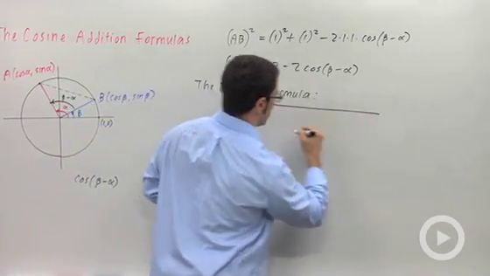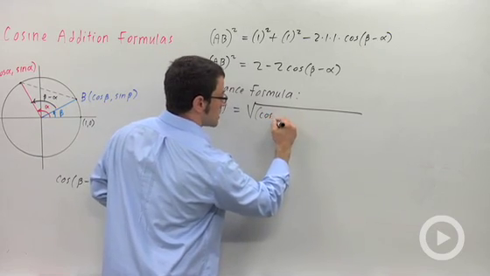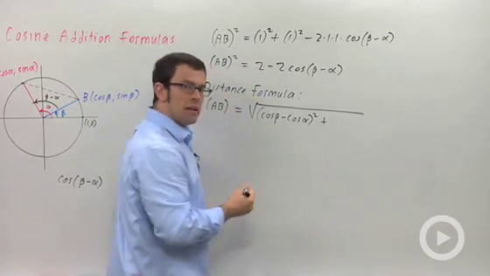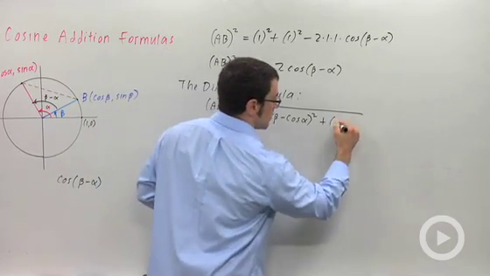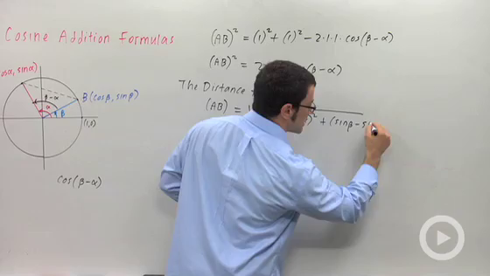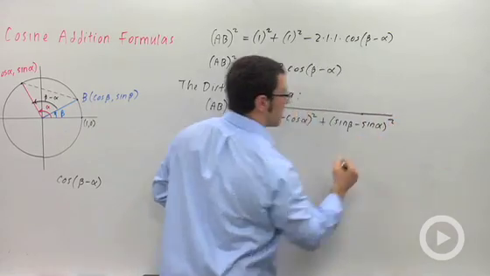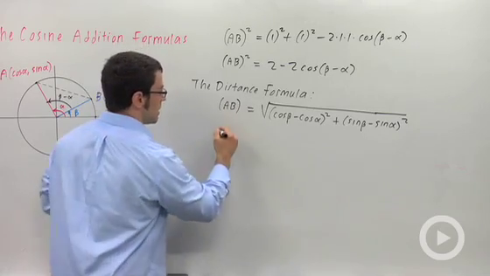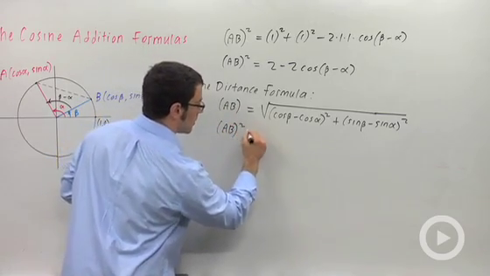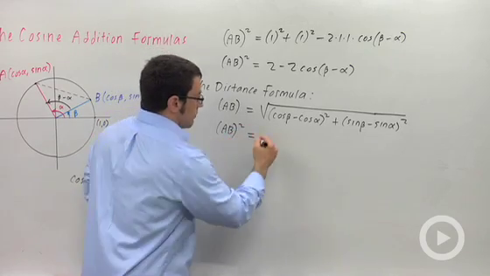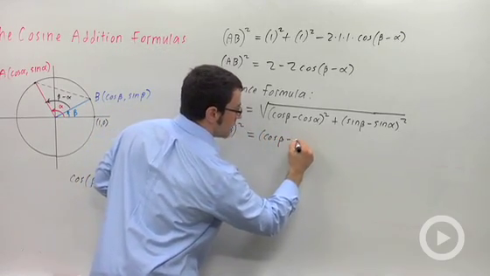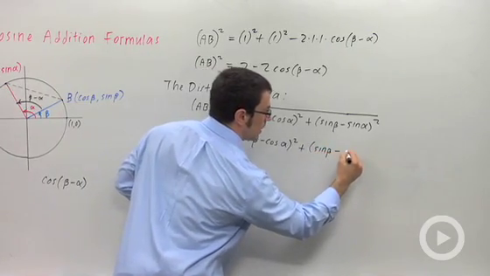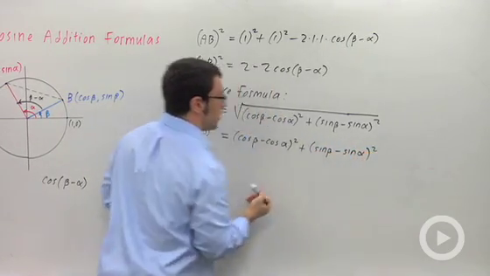So the difference in x coordinates is cosine beta minus cosine alpha squared plus, and the difference in y coordinates, sine beta minus sine alpha squared. Of course, I want to equate these two in the end, so I'm just going to square this. And that'll give me cosine beta minus cosine alpha squared, and sine beta minus sine alpha squared.